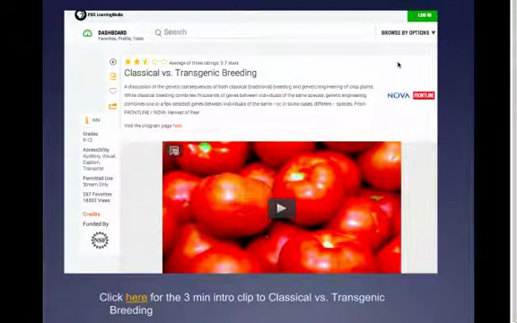Alright, so in that video they went through that a lot of the differences between classic and transgenic breeding is simply just time. That transgenic breeding allows us to skip a lot of the hundreds of years that it takes to manipulate organisms. But in reality, whenever we garden, whenever we raise crops or organisms, we are constantly selecting for traits that we find valuable.